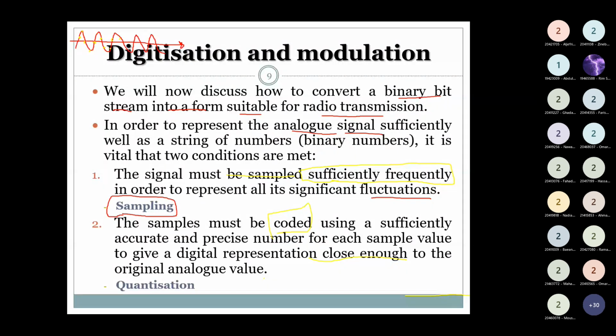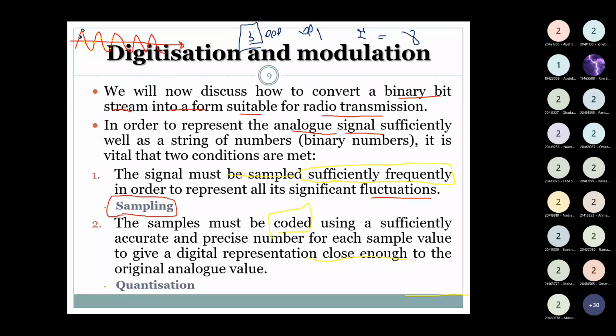For example, we need here three bits. With 3 bits, we will have 000, 001, and so on. So how many levels? With 3 bits, we will have 2 power 3 levels, equal to 8 levels. So these samples can be represented using 8 levels.